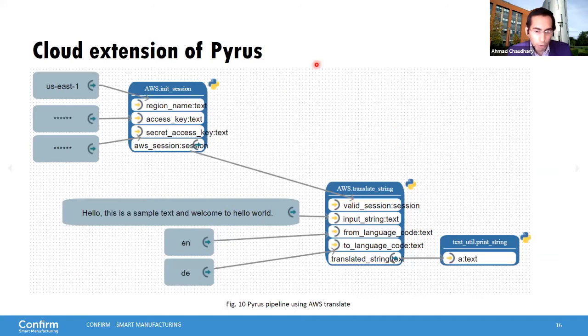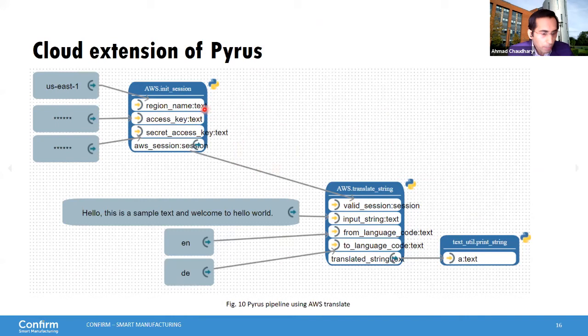So this is the overall pipeline of AWS Translate. Logically, we can divide this workflow into two phases: the initialization phase and the implementation phase. The initialization block basically meets the precondition of the external server in order to use its services. For a valid session, we must provide a server region name, access key, and secret key.